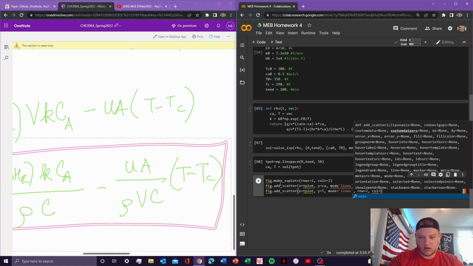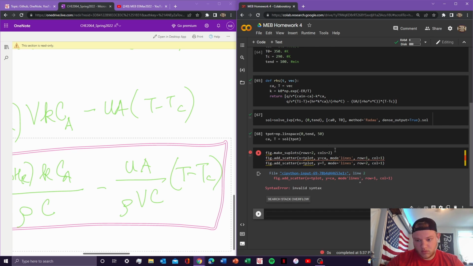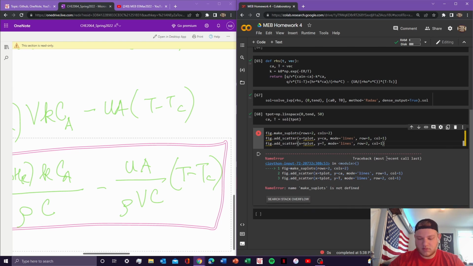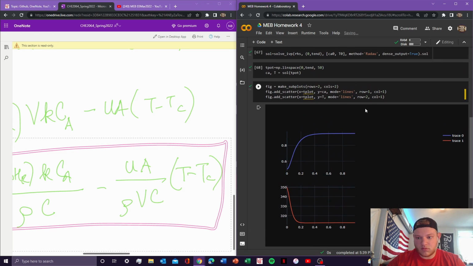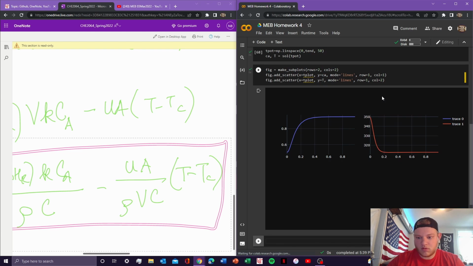And our column this time is 1. This needs to be an equal sign. And I spelled subplots wrong. Oh, okay, so let's make that 1. This needs to be 2. There we go.